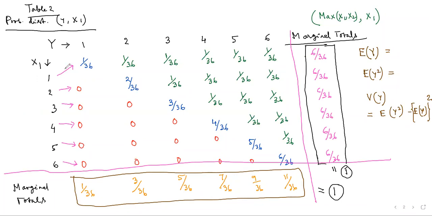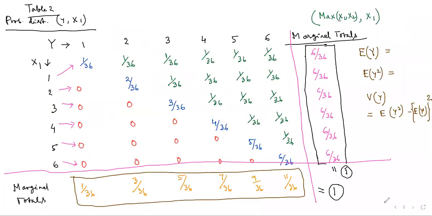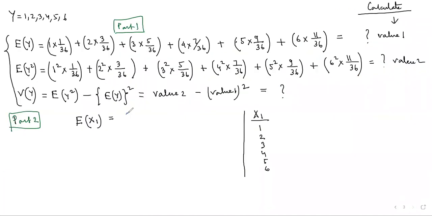So when we want to find the expectation of x1, we need to consider these column probabilities. Since all the column probabilities are the same, you can take the probability common and write 1 plus 2 plus 3 plus 4 plus 5 plus 6, and then calculate this expectation.